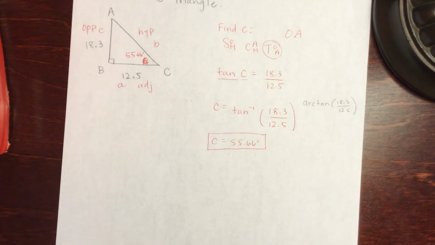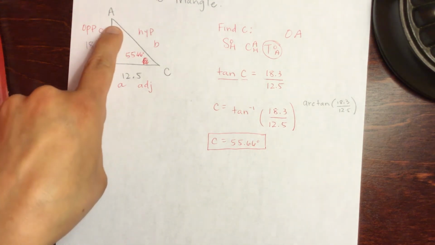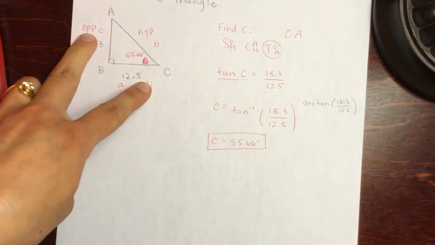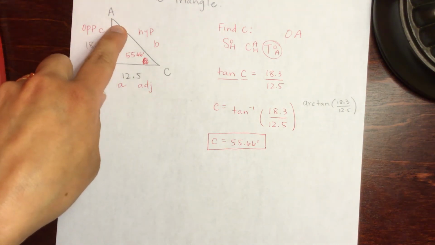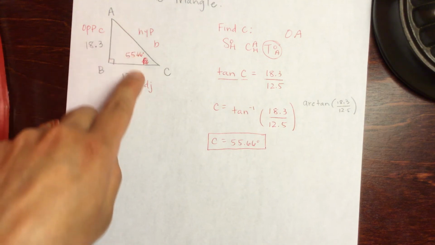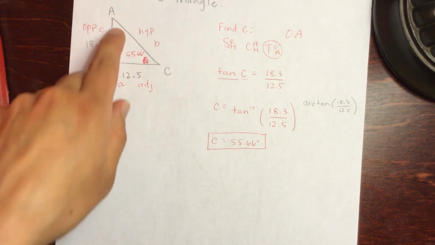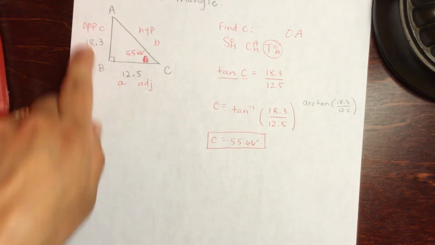Okay, we could repeat the process if we wanted to find angle A, except if we now are finding angle A, these labels are going to switch because across from A, or opposite of A, is 12.5. And beside A, or adjacent to A, is 18.3.